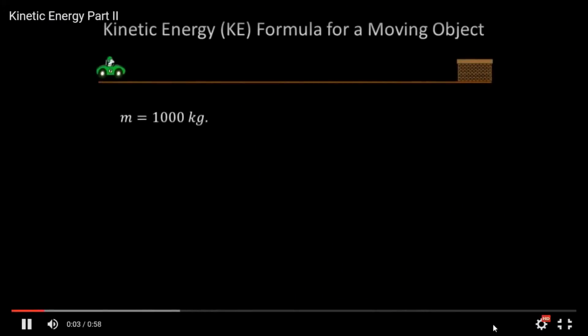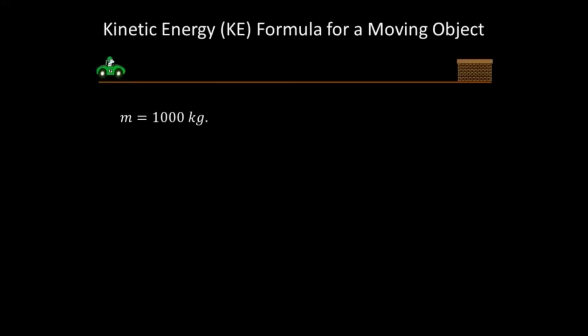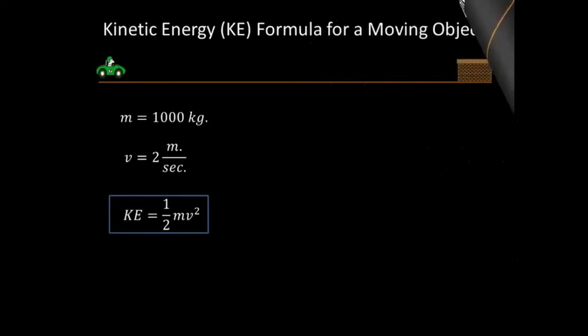Let's look at a specific example. Let's say that our car has a mass or weight of 1,000 kilograms, and it's moving at a velocity of 2 meters per second. The kinetic energy of our car when it's in motion is 1/2 mv squared. Let's begin to calculate that kinetic energy.